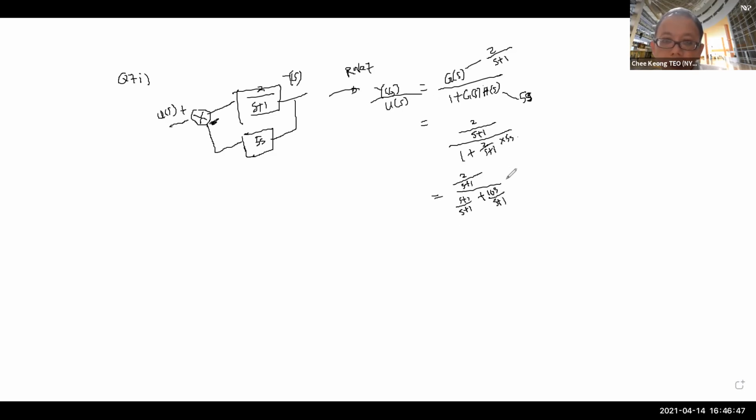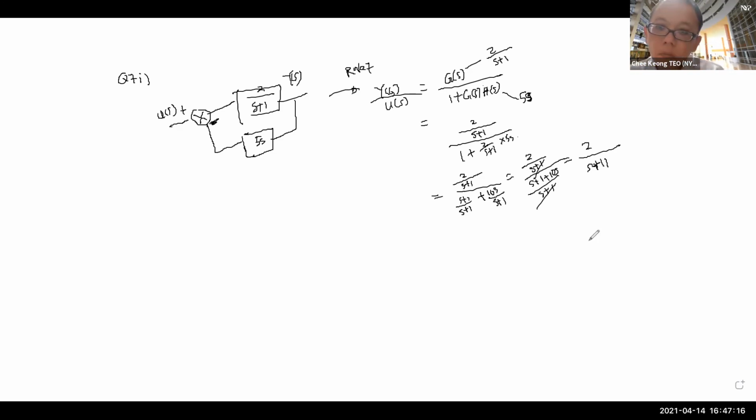So right now you can see that all of them have a common factor of s plus 1, over s plus 1 plus 10s, right? S plus 1 plus 10s over s plus 1. S plus 1 can cancel each other. So basically you are left with 2 over... Understand what I mean?